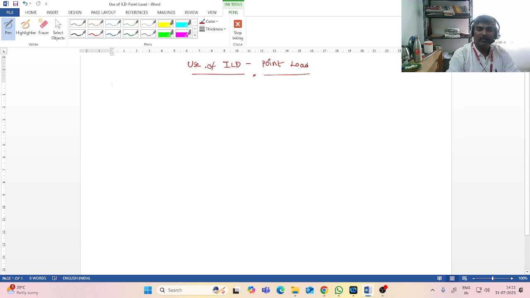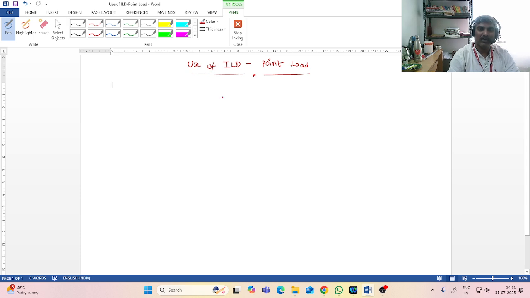So here I now consider a case where a point load is on the girder. If there is a point load on the girder, how do you use the ILD for evaluating various functions like support reaction, shear force or bending moment.